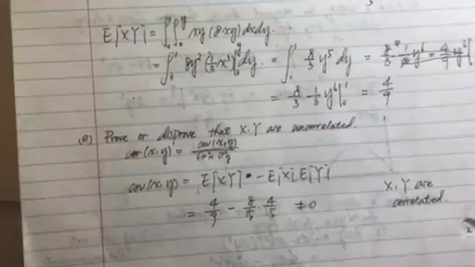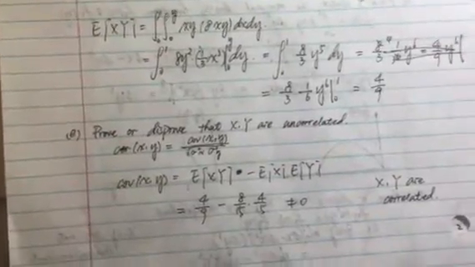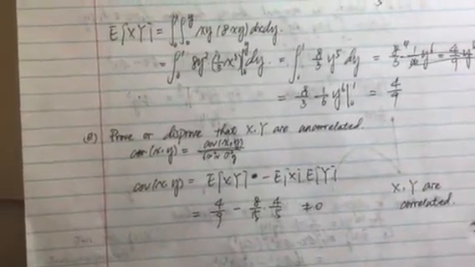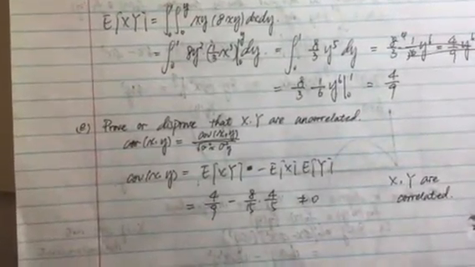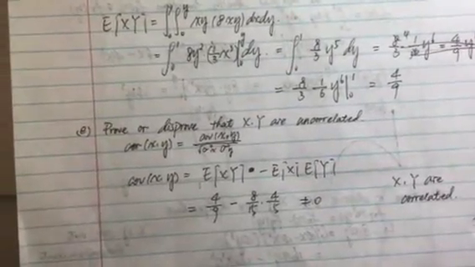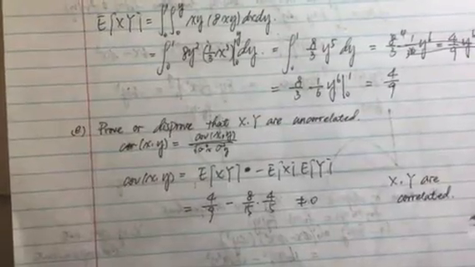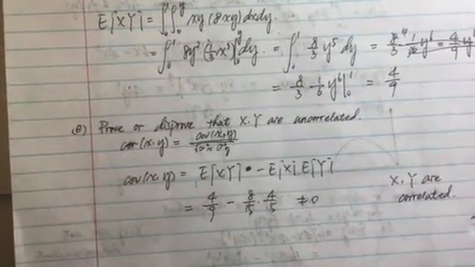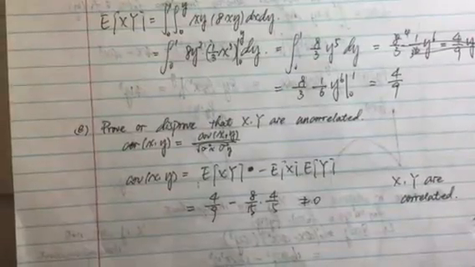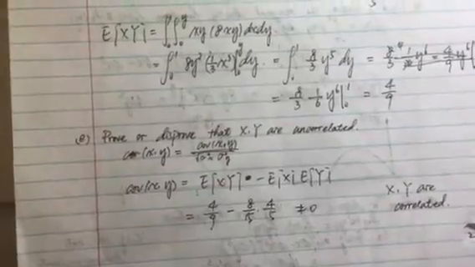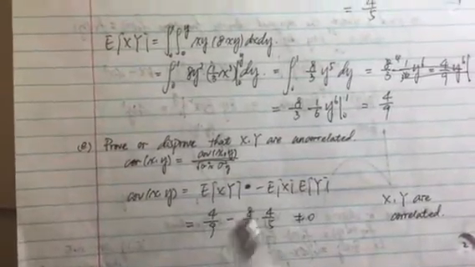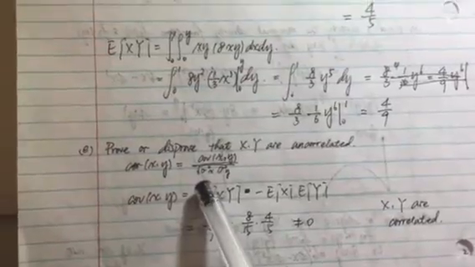And now for part E, we need to prove or disprove that X and Y are uncorrelated. We know that the correlation of X, Y is equal to the covariance of X, Y over the square root of sigma X squared times sigma Y squared.